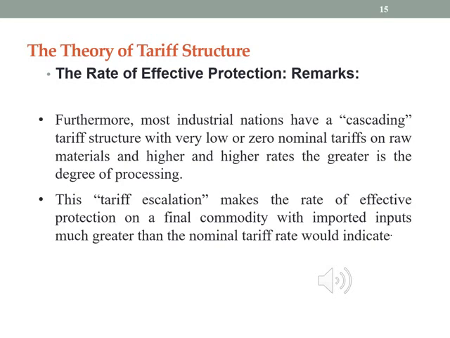Thus, this tariff escalation makes the rate of effective protection on a final commodity with imported inputs much greater than the nominal tariff rate would indicate. So if we just look at the nominal tariff rate, this would be very misleading to judge the degree of protection provided to the domestic producers of the final product.